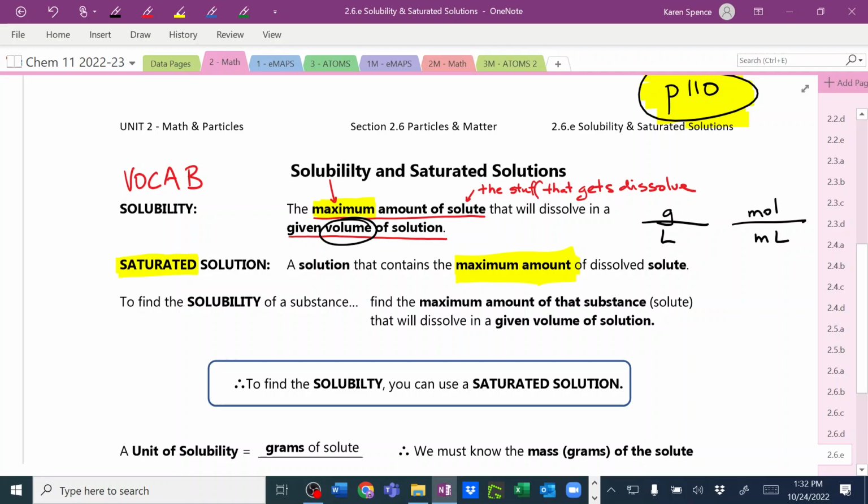Drink it? Ugh. Make yourself sick. Am I going to be able to find out the solubility of the salt from this salt water that's had one scoop of salt put in it, stirred around, and is now all dissolved? Is that going to tell me the maximum amount of solute in here?